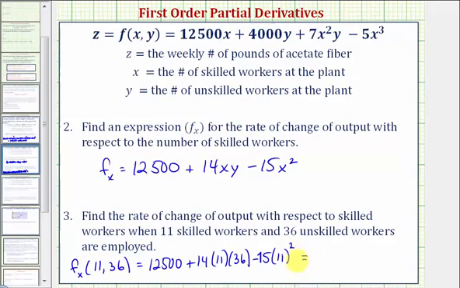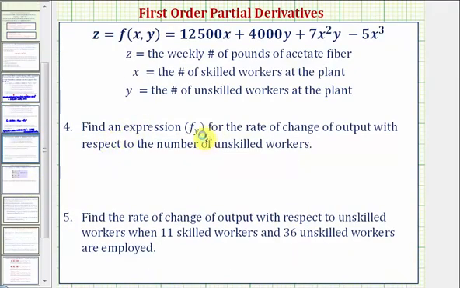It comes out to 16,229. And the units on this would be weekly pounds per skilled worker. And because this is the rate of change of the output with respect to skilled workers, the units would be weekly pounds per skilled worker.